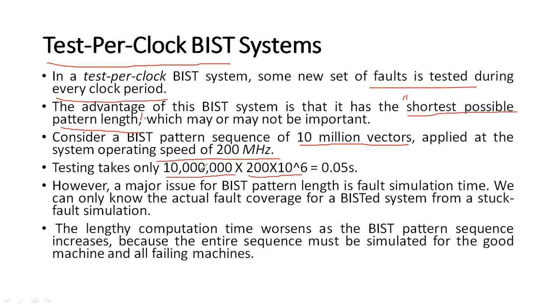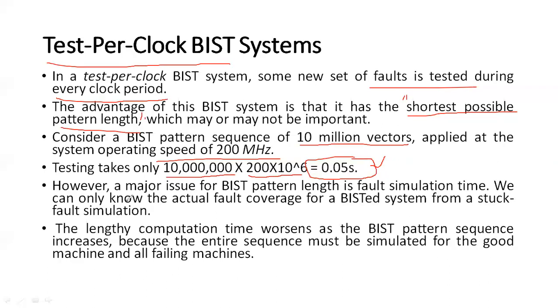On calculating, the 10 million vectors over the respective clock frequency gives the time period, 0.05 seconds. So based on the number of millions of test patterns and the operating frequency, it gives a time period for every tested clock.